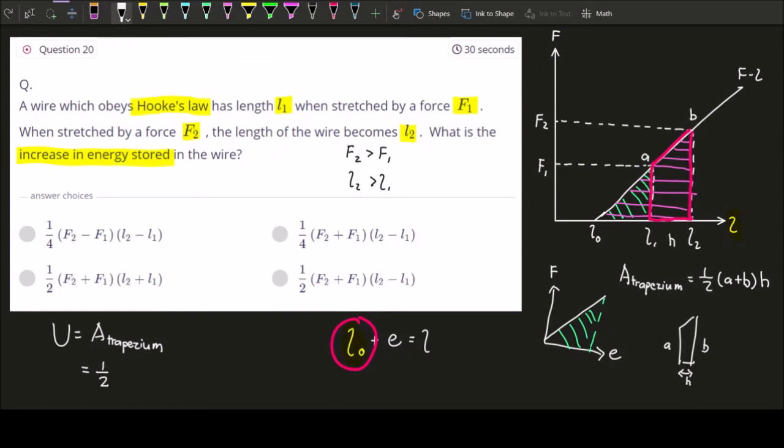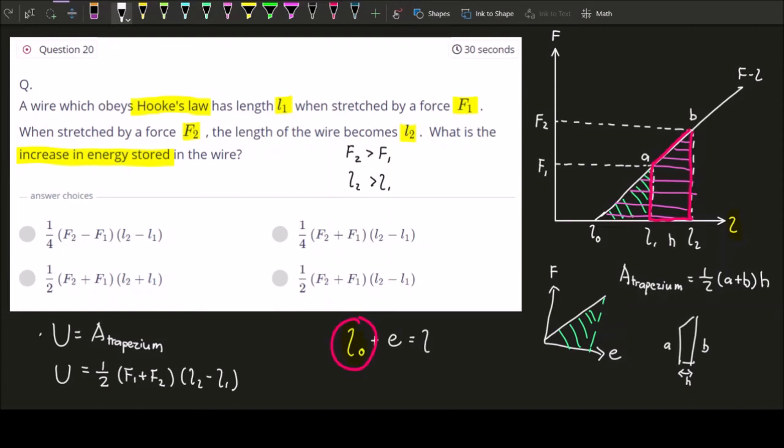So with that said, I believe we can form the equation at last. It will be half times (F1 plus F2), then H will be L2 minus L1. So this is our equation for the increase in energy stored.